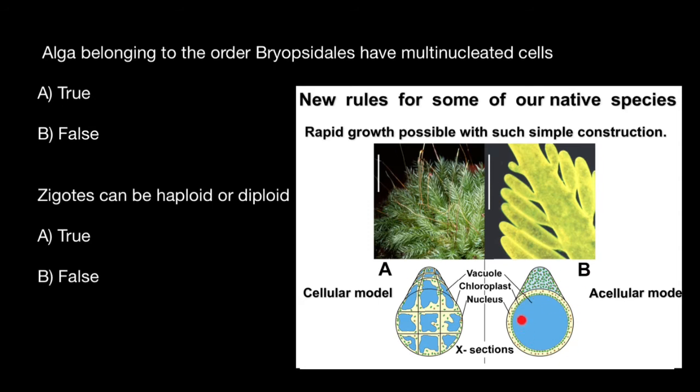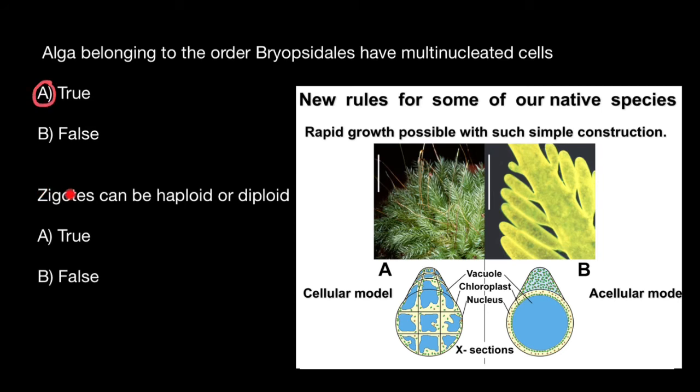With blue color here shown vacuole, and green dots here stand for the chloroplast, and other multiple dots here stand for the nucleus. So our answer to the question, algae belonging to the order Bryopsidales have multinucleated cells, this is a true statement. So answer A.